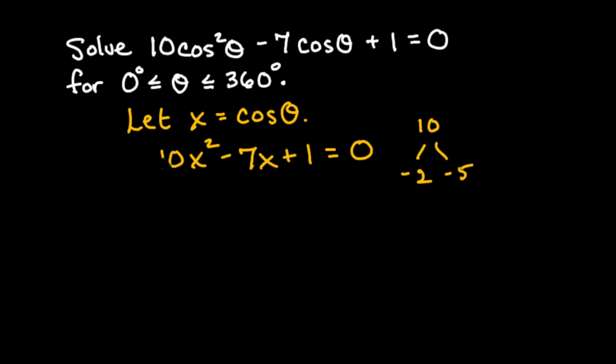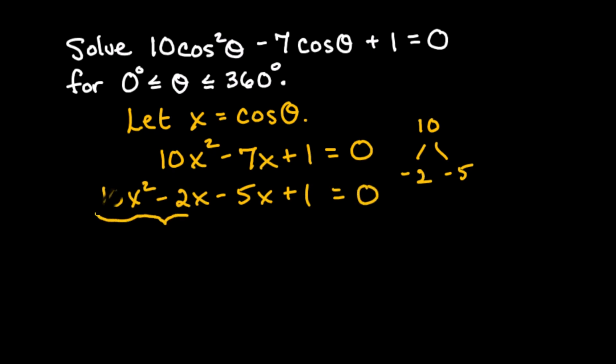So we can rewrite that middle term. We can write this as 10x squared minus 2x minus 5x plus 1 is equal to 0. And then now we use grouping. For the first two terms, there's a common factor of 2x, which leaves us with a factor of 5x minus 1.